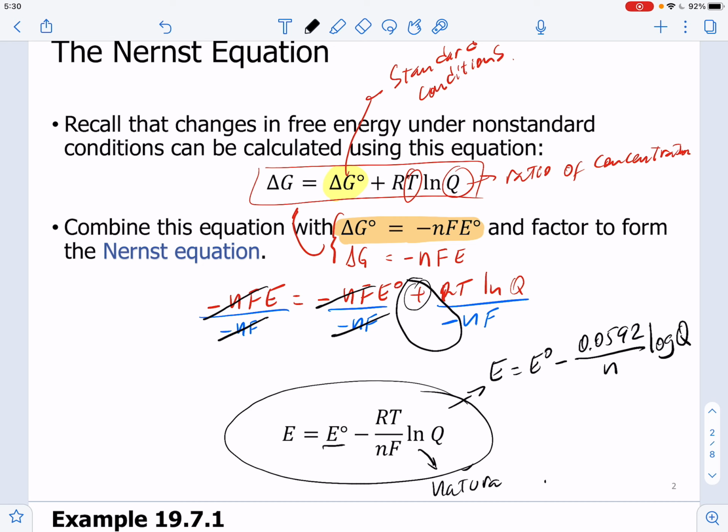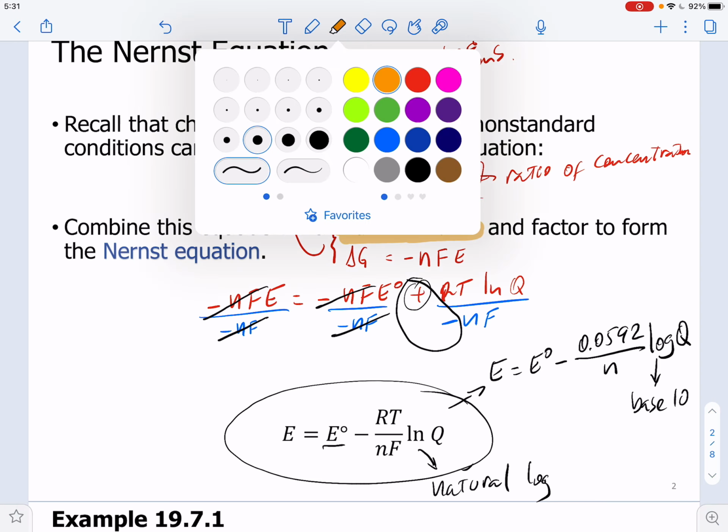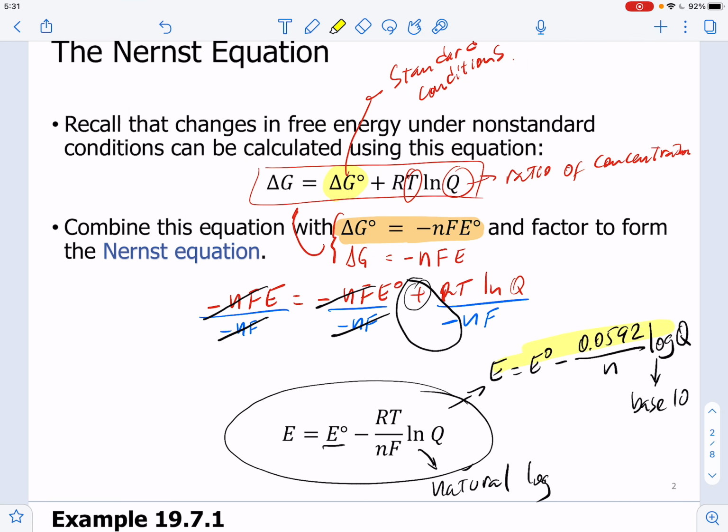This is your natural logarithm, and this is your base 10 logarithm. Since you've been working with pH and using base 10 logarithm, this equation right here implies that you have to put fewer numbers on your calculator.